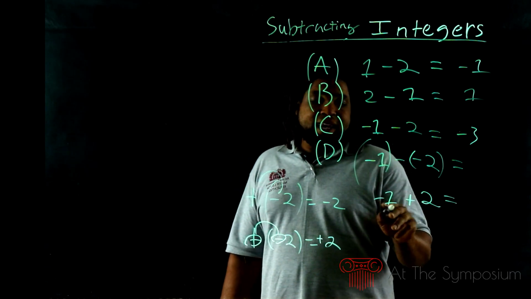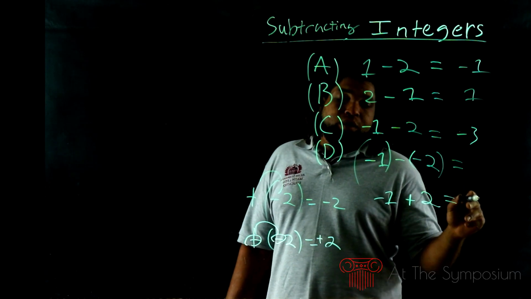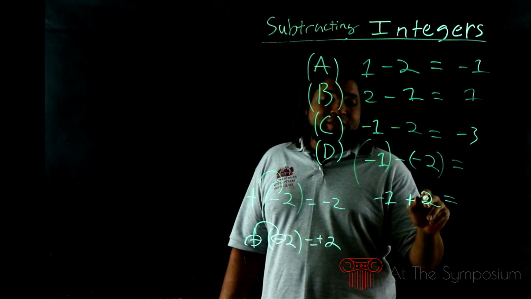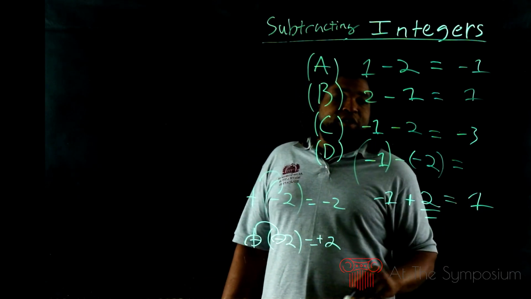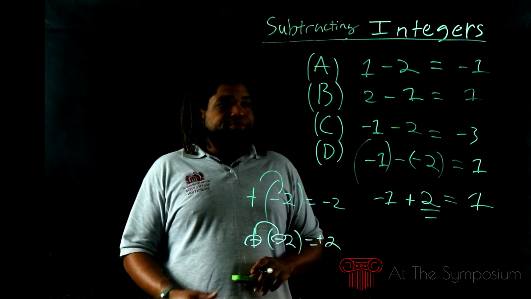So what do we do when we're adding a negative number to a negative number? Well, we subtract, and then we keep the sign of the larger number. The sign of the larger number in this case is 2, so we're just going to subtract, and that's just going to give us 1. So the answer is 1.